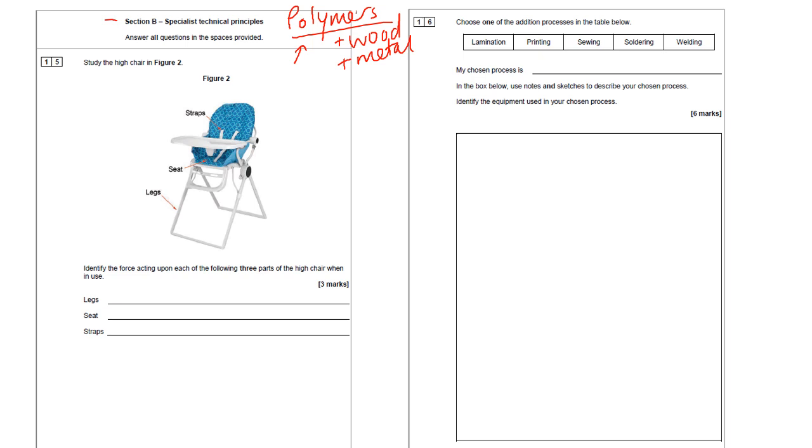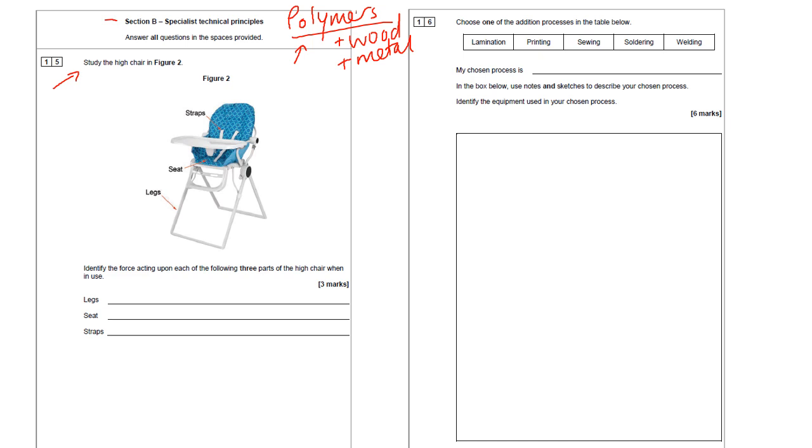Okay, so first question here. Study the high chair in figure 2. This one is all about forces. It says identify the force acting upon each of the following 3 parts of the high chair when in use. So we've got the legs, the seat and the straps.